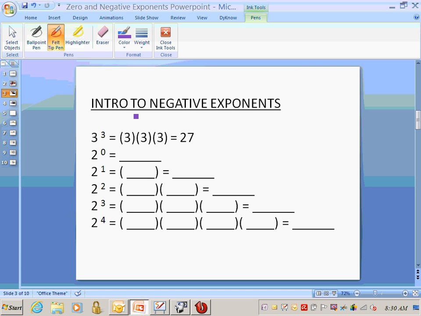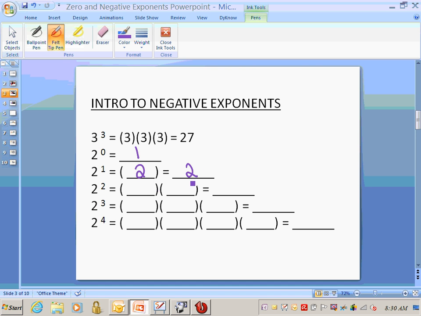All right. 3 cubed, 3 times 3 times 3, is 27. Right? If we know 2 to the 0 power is what? 1. 2 to the first power, how many 2's do I write? I write 2 once, right?